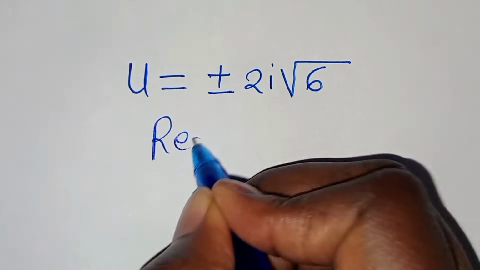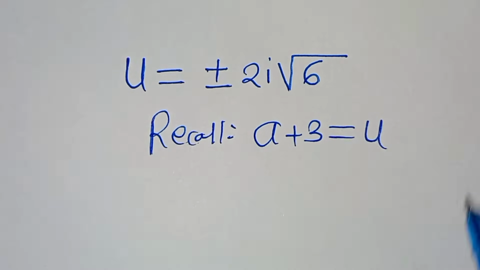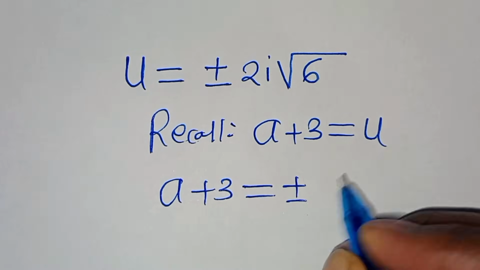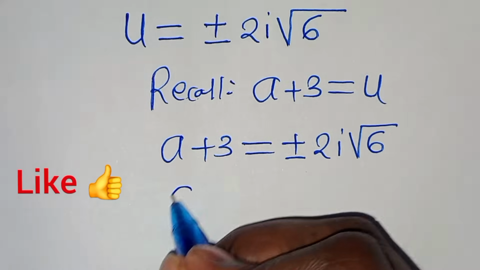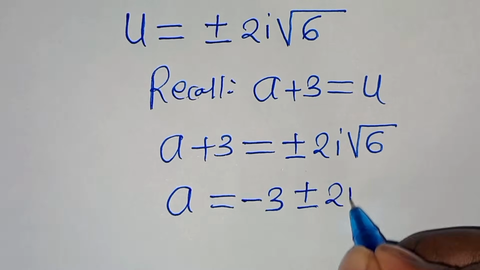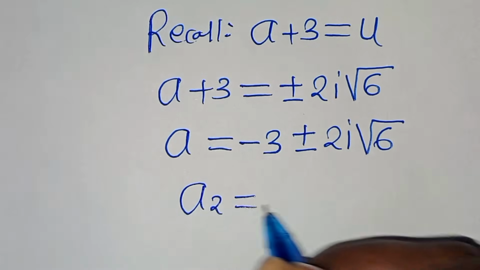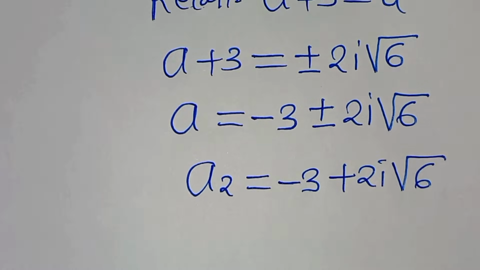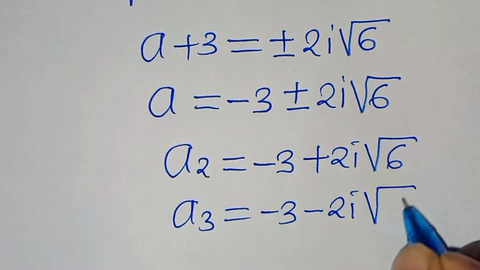Again, if you recall, we have that a plus 3 is equal to u. So we have a plus 3 equal to plus or minus 2i square root of 6. So this implies that a is equal to minus 3 plus or minus 2i square root of 6. So a2 is equal to minus 3 plus 2i square root of 6, and a3 is equal to minus 3 minus 2i square root of 6.